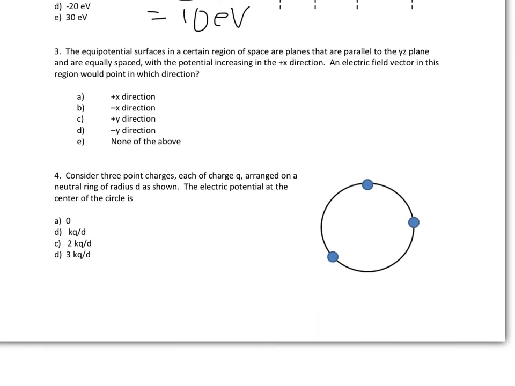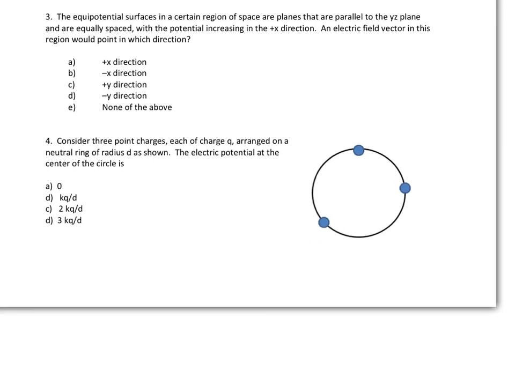Okay, next problem, number 3. The fundamental relationship here that you need to remember is that the change in potential between 2 points in space is the negative of the inner product between the electric field and delta R, the change in the position between the 2 points.